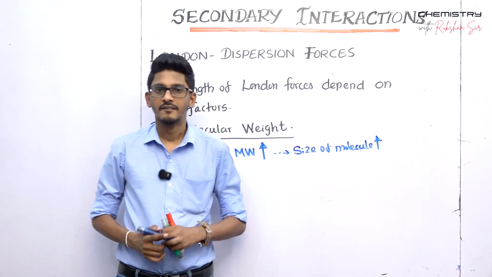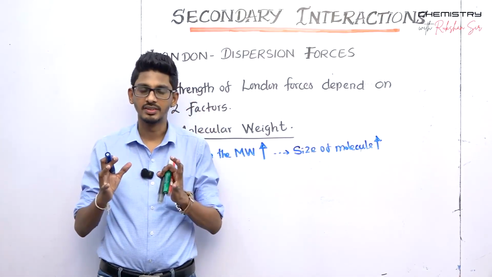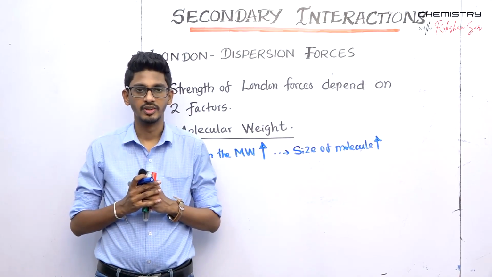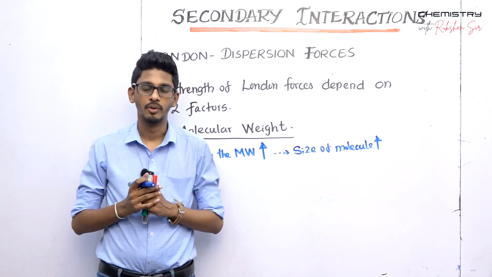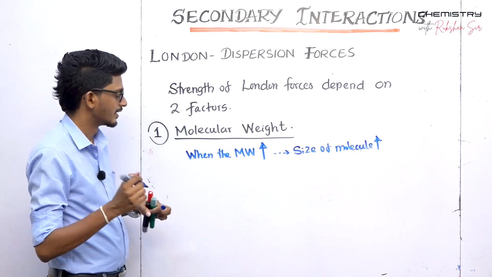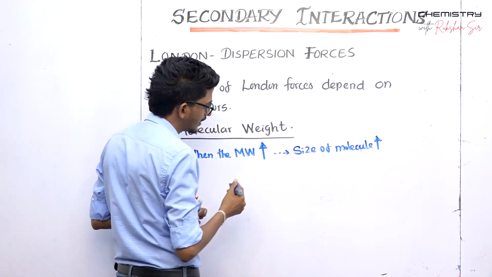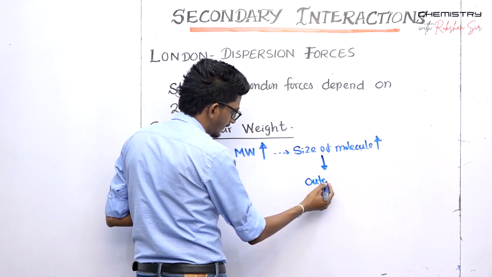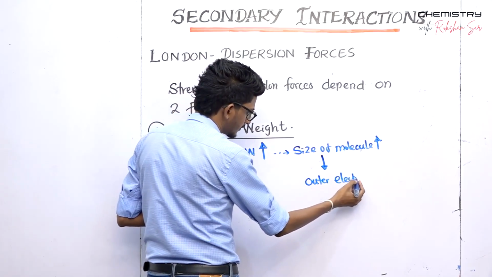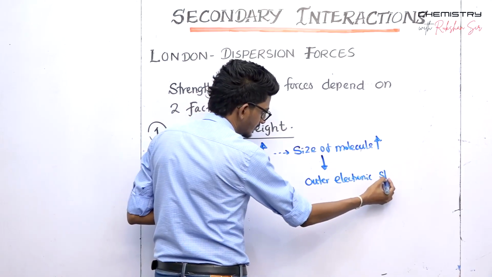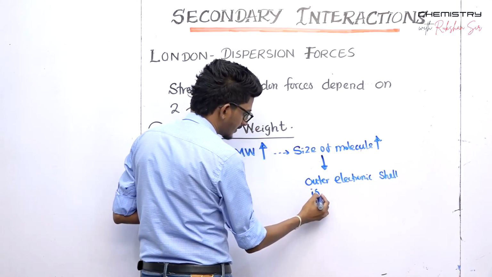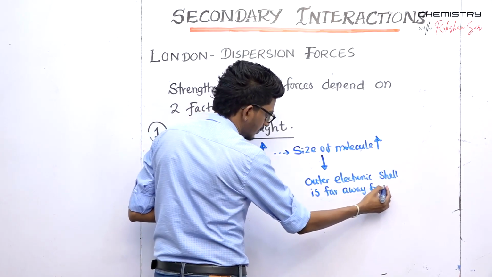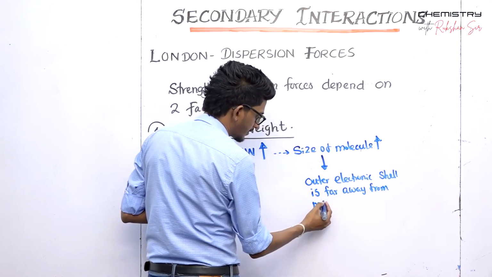Right? When the size of the molecule is high, that means your outer electronic shell is far away from your molecular nucleus.